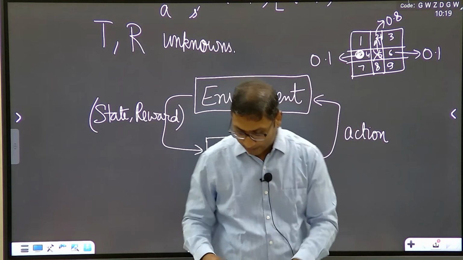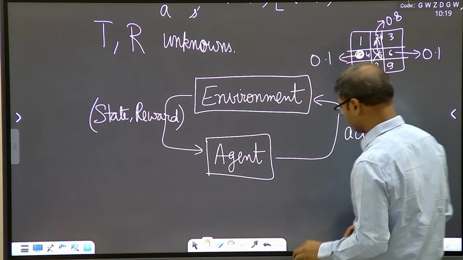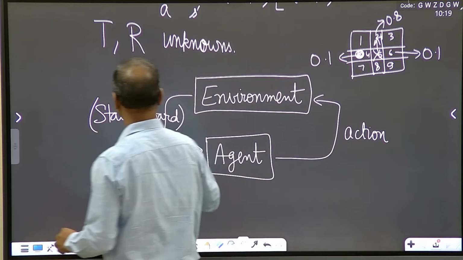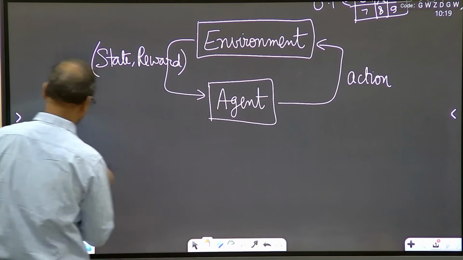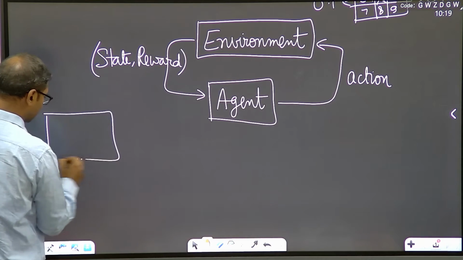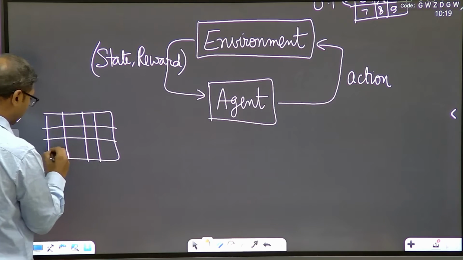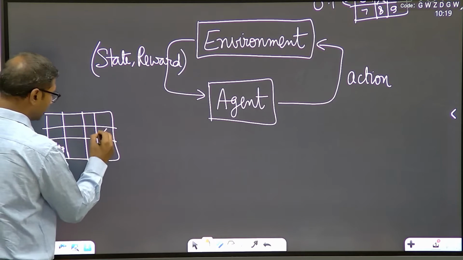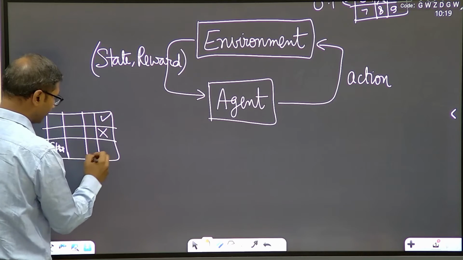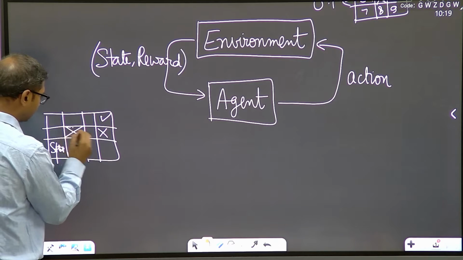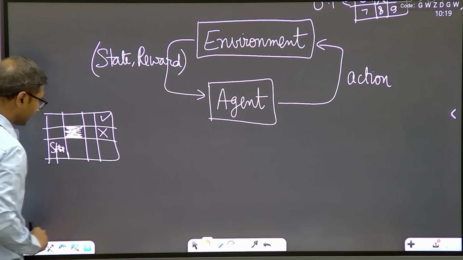That grid was something like this. We start from here. Here was the negative pit, here was the positive pit, and here we had a wall.